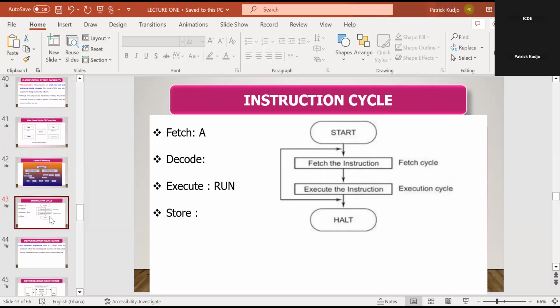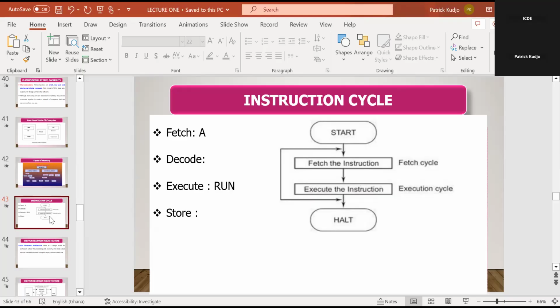Instruction cycle. Basically, this is the instruction cycle as stated in my introduction or review of the outline. We have fetch, we have decode, we have execute, and then we have store. I repeat, we have fetch, decode, execute, and store.